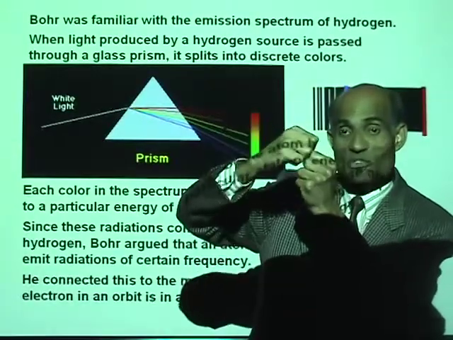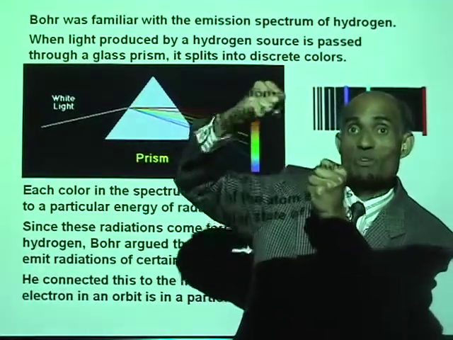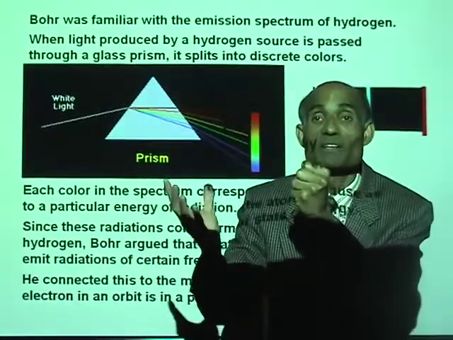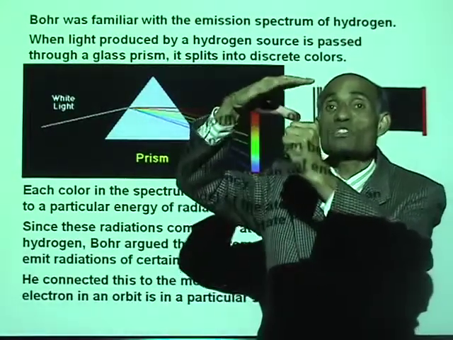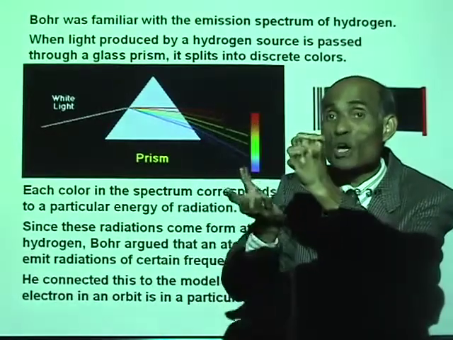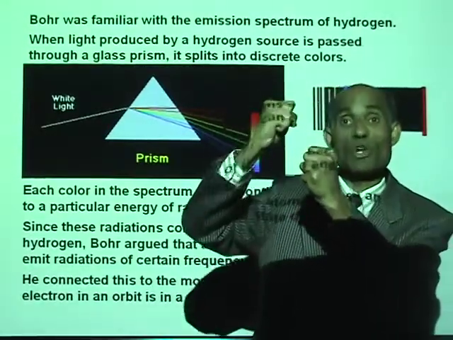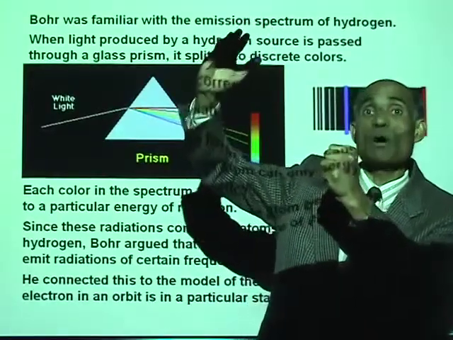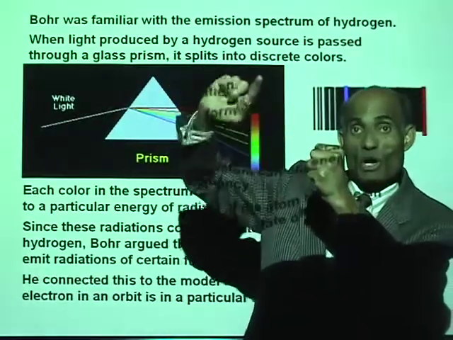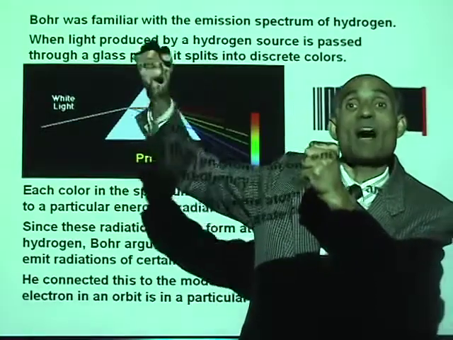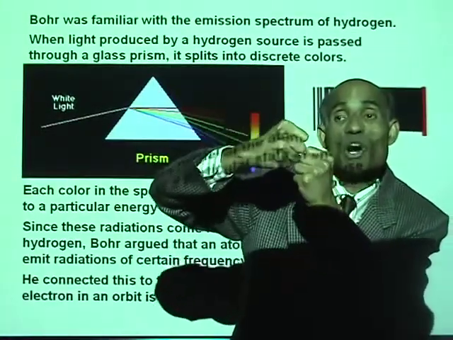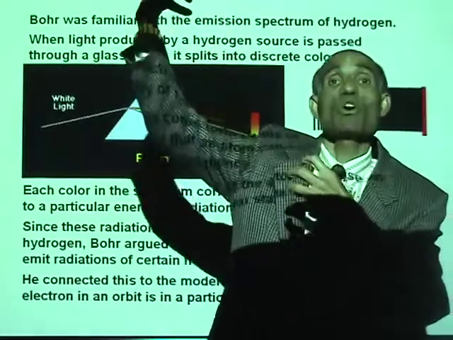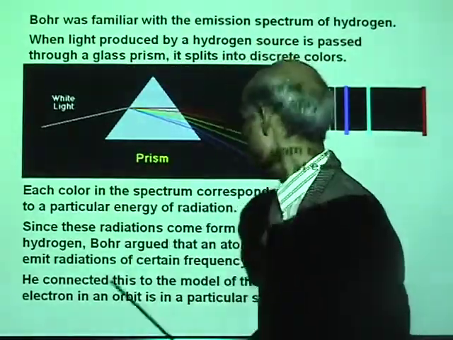So, as the electron moves away from the nucleus, it has to have a greater energy. So, an electron staying in an orbit close to the nucleus has a low energy. An electron staying in an orbit a little more away from the nucleus has a higher energy. As an electron moves away from the nucleus, its energy also increases.